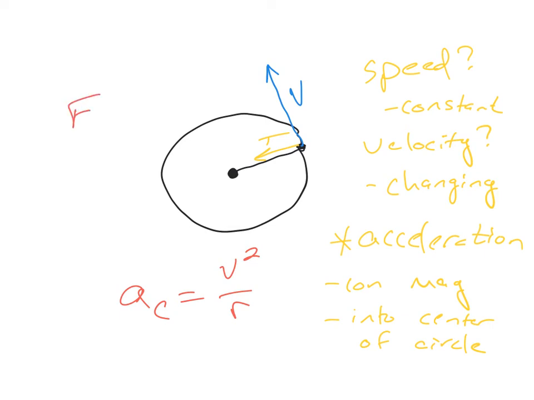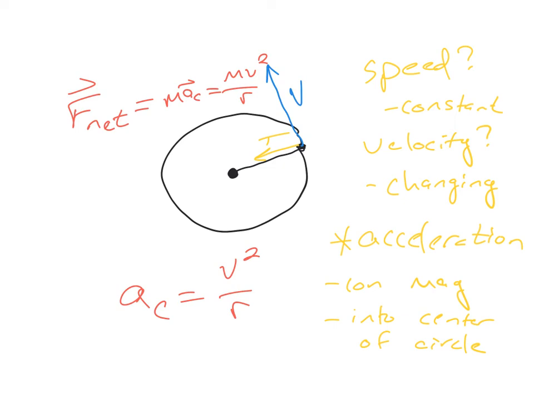So we get F net still, but instead of ma, it's still ma, but it's m a centripetal, so it is m v squared over r. So when an object is going in a circle at a constant speed, it has uniform acceleration going towards the center of the circle, and the force that's providing it has the magnitude m v squared over r.